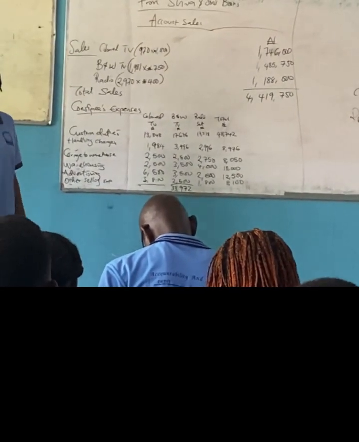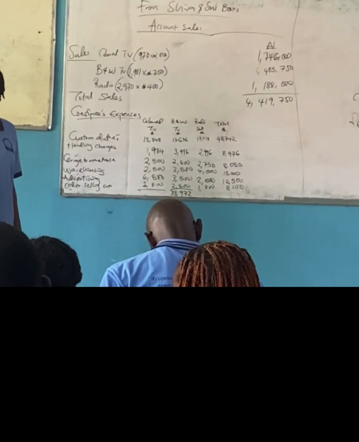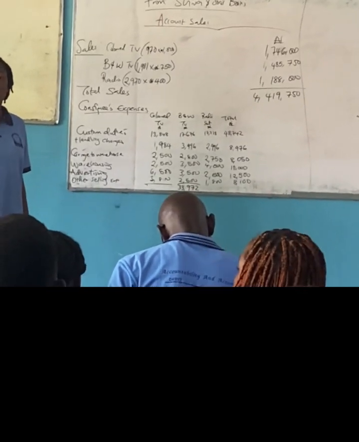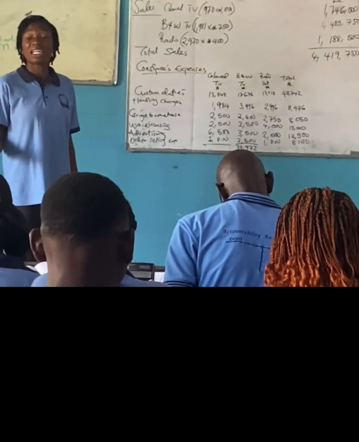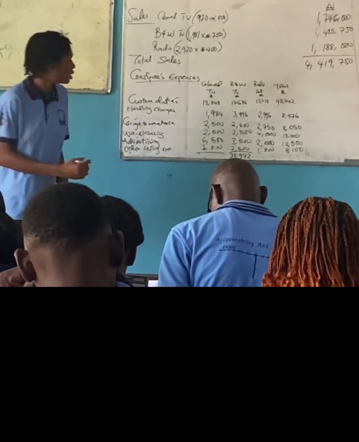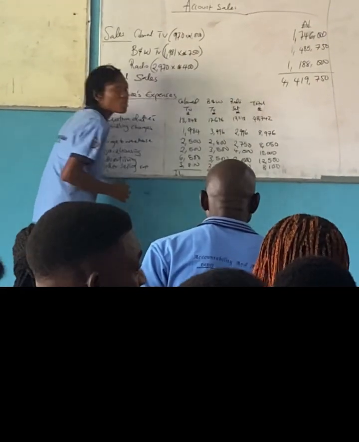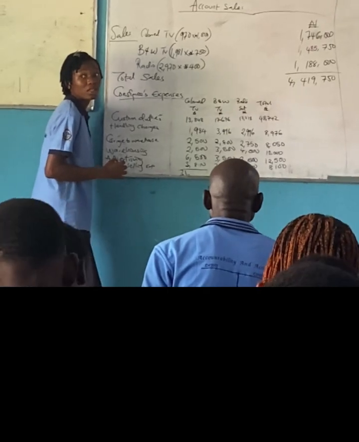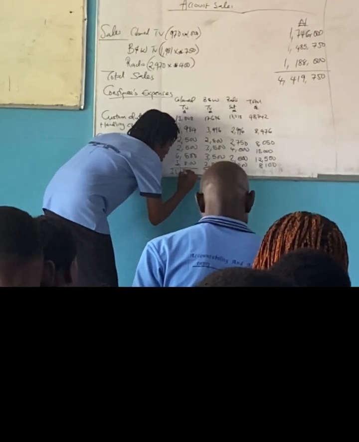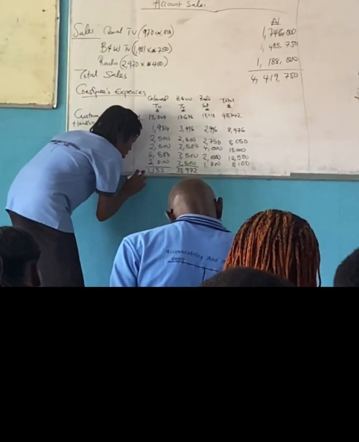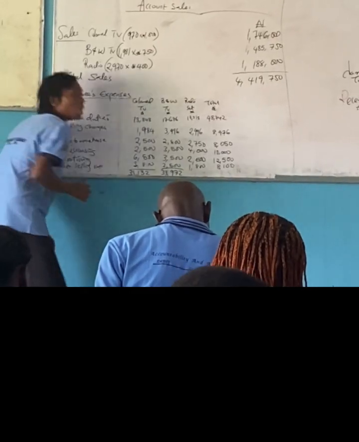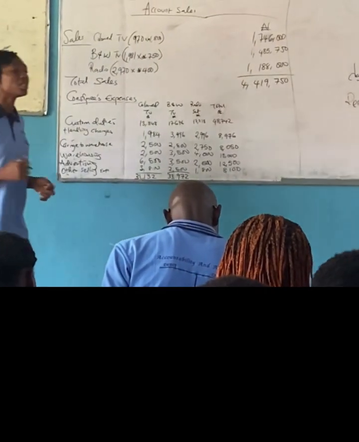Color TV, 31. Now the other. 31,000. I want us to have at least 31,132. That thing is wrong. It's correct. It's wrong. Stop making noise.